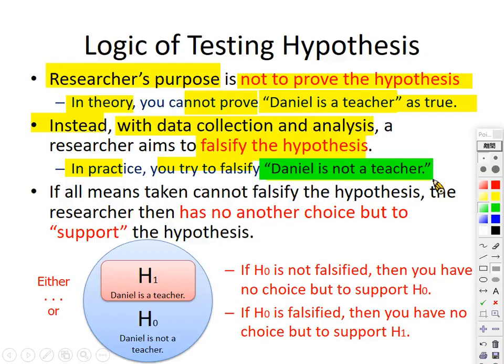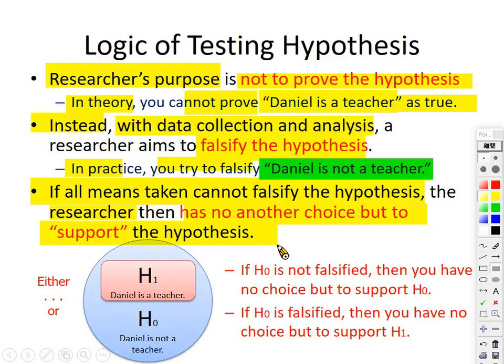If, all means taken, we have tried our best and cannot falsify the hypothesis, if with our efforts to test the hypothesis we collect data and we cannot falsify it, then what should we do? We have no choice but to support the hypothesis.